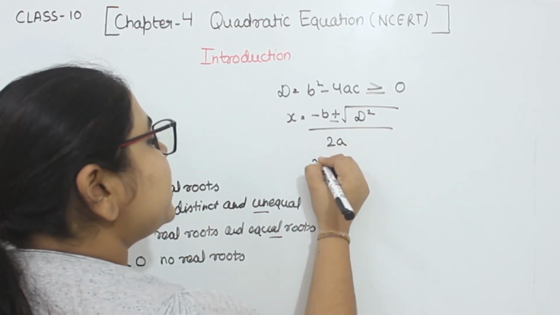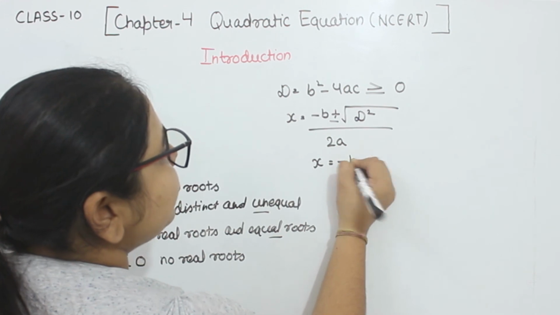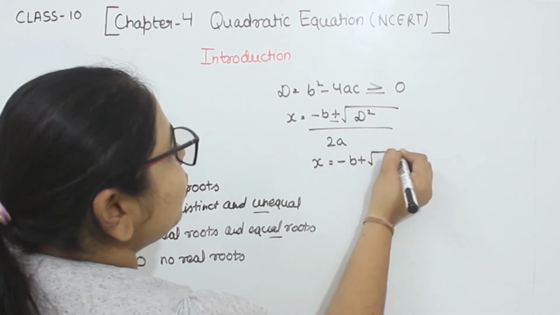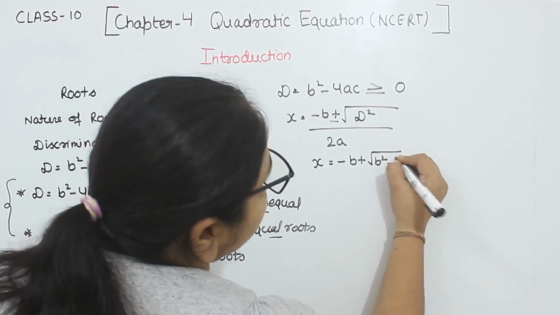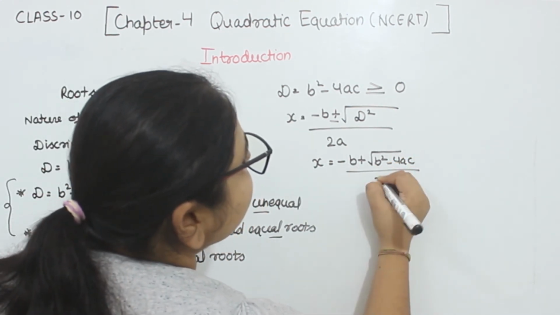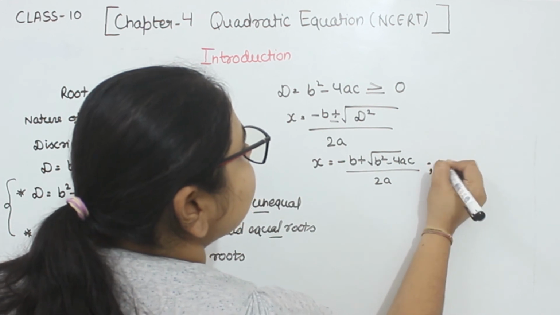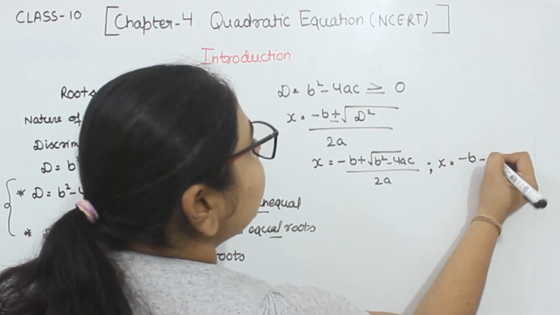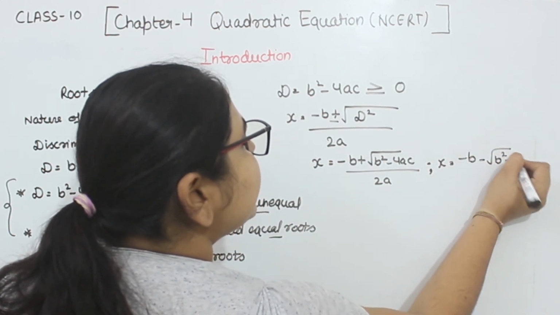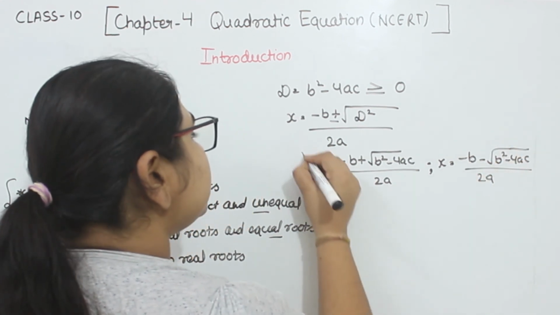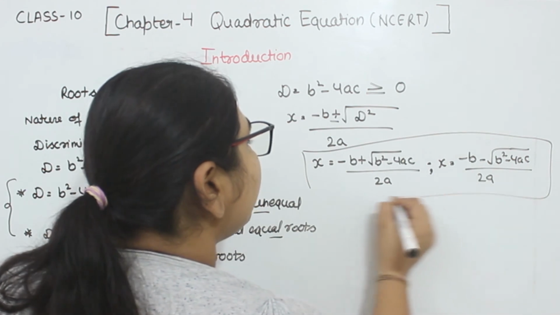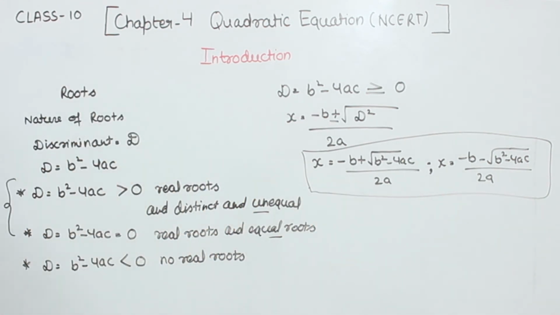Or we can write this as x is equal to minus b plus root of b square minus 4ac by 2a, and the second one is minus b minus root of b square minus 4ac divided by 2a. So this is the formula. With that we can find the roots of the quadratic equation.